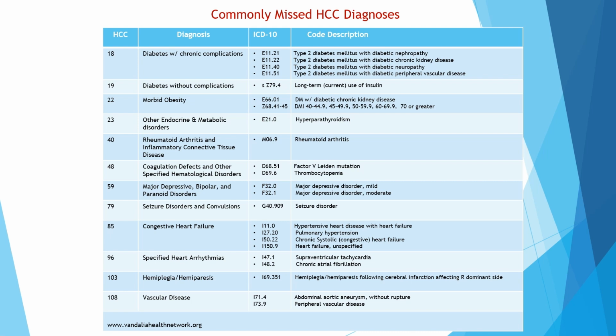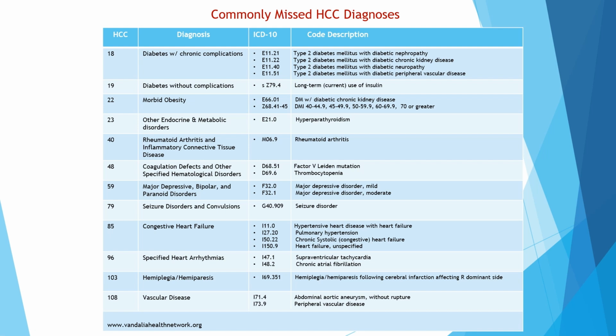ICD-10 code and descriptions are I11.0, hypertensive heart disease with heart failure. I27.20, pulmonary hypertension. I50.22, chronic systolic congestive heart failure. I50.9, heart failure, unspecified.